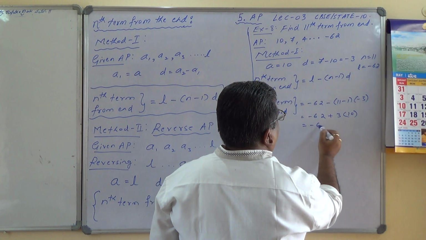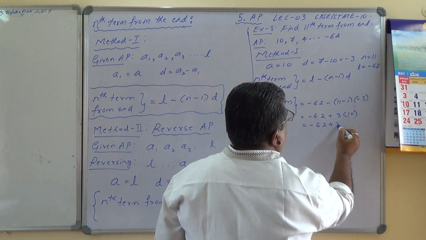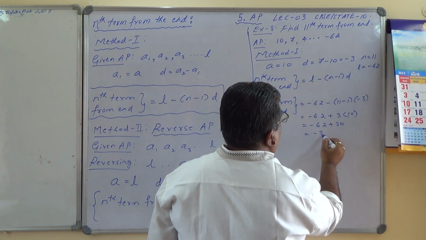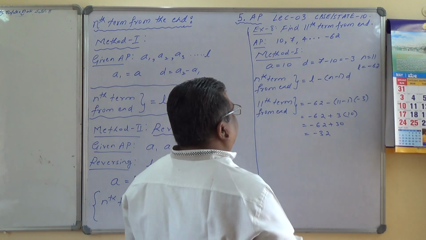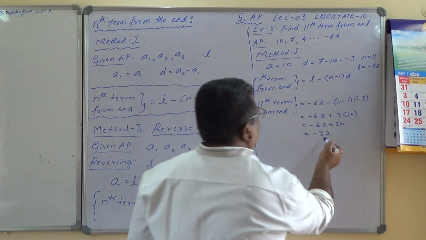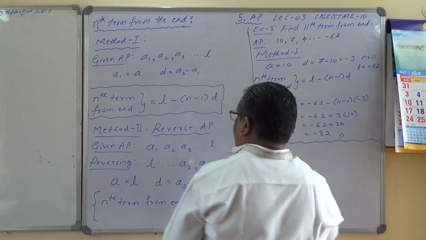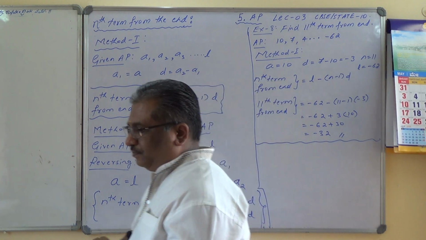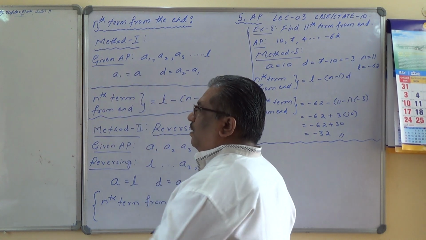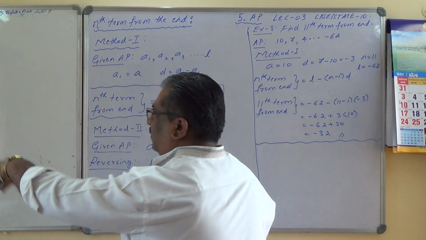So minus 62 plus 30, which is equal to minus 32. So what did you get here? 11th term from the end is minus 32 is my answer. Let me check whether it is correct. Yes, 11th term is minus 32.